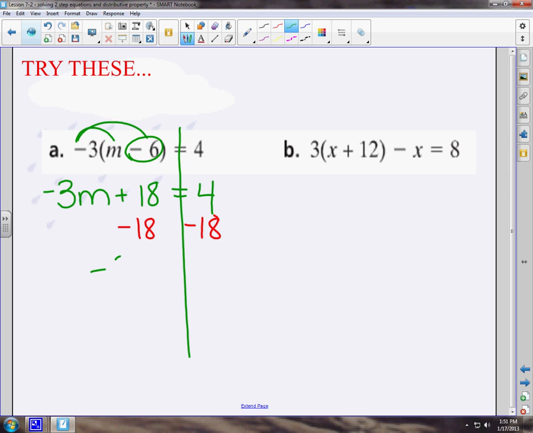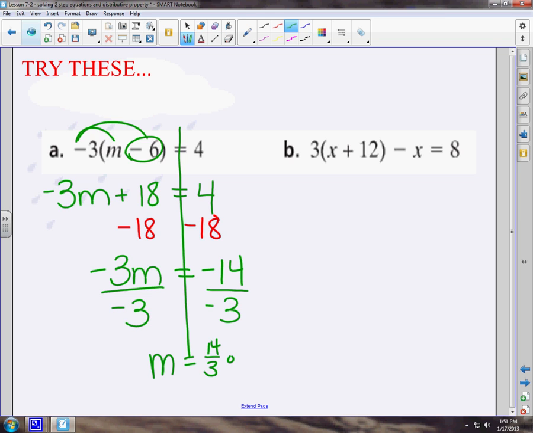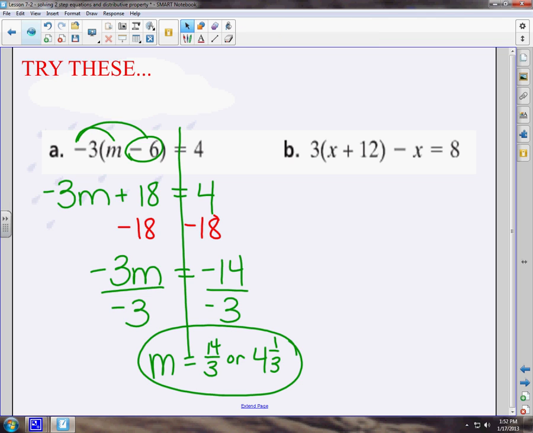So then I have negative 3m equals negative 14, and I divide by negative 3. So this becomes m equals negative 14 divided by negative 3 is a positive 14 thirds, or 4 1/3. That is a tricky one. They usually aren't that intricate.